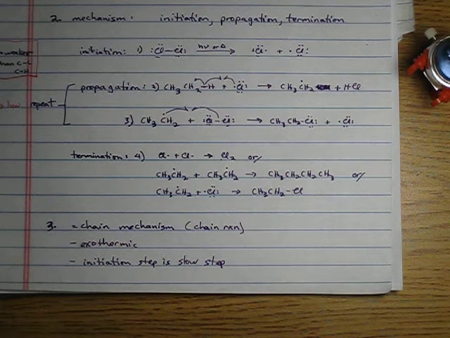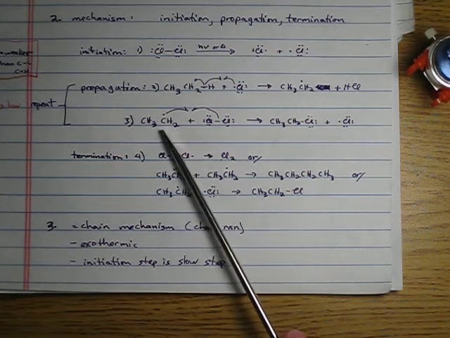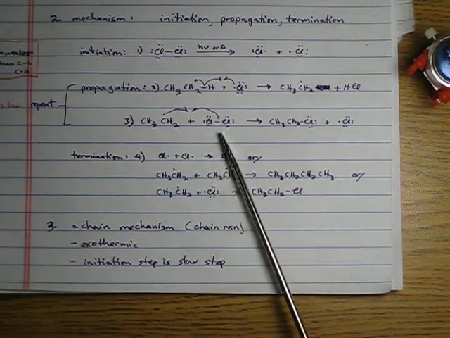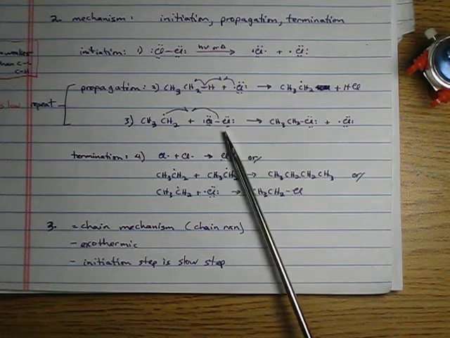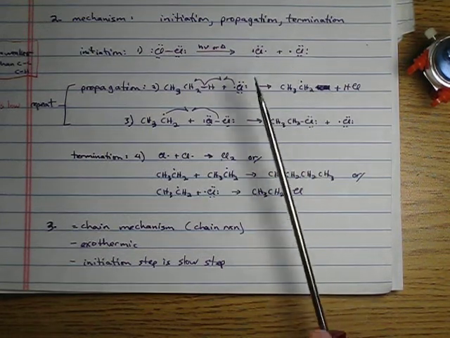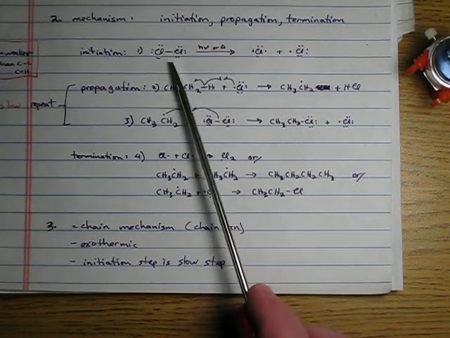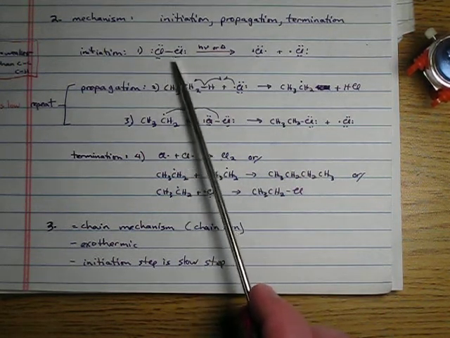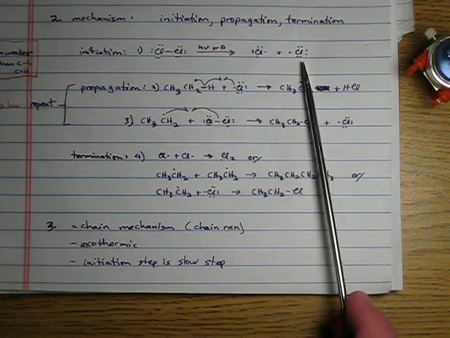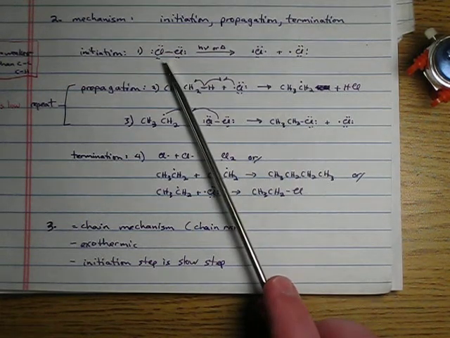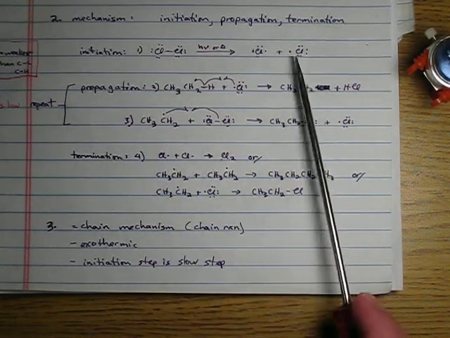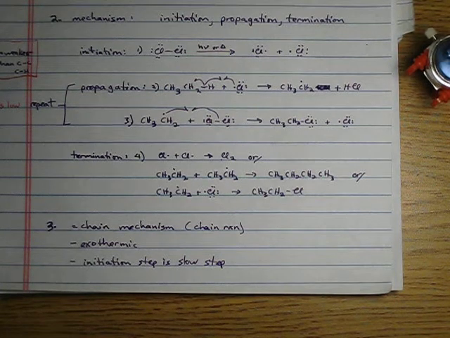There's a much, much higher chance that this radical, this alkyl radical, will run into a Cl2, because the concentration of Cl2 is much higher than the concentration of Cl dot. In this initiation step, only a tiny bit of the Cl2 got converted into radicals. Most of it stayed as Cl2. We keep the concentration of chlorine radicals small.